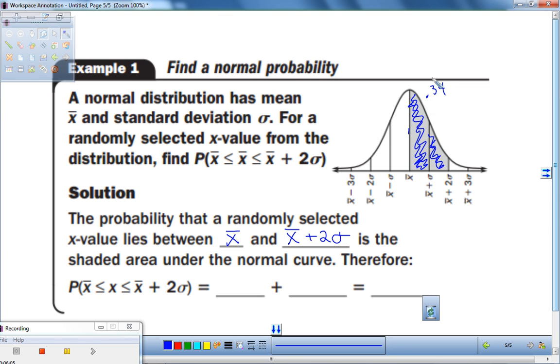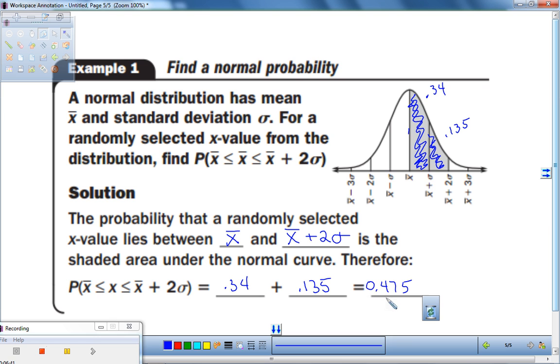Now, this has been converted to a decimal. It's not in percentage form right now. When we're talking about area or probability, we usually just convert it to a decimal. And then this area is going to be 0.135. So 1 standard deviation would be 0.34, another standard deviation would be 0.135, and then we add those together, and that gives us 0.475.